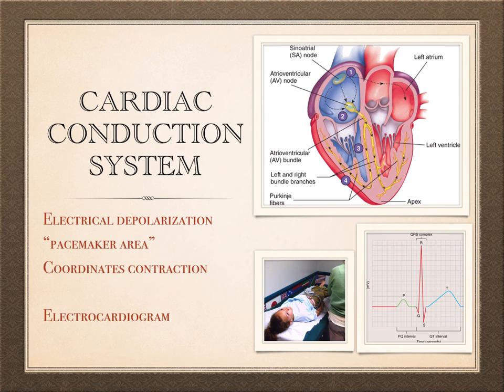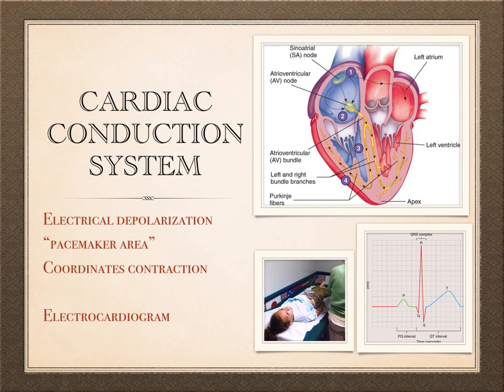And so the heart has this special conduction system of cardiac muscles that start the contraction and spread it throughout the heart. This is the cardiac conduction system, and it has a pacemaker area in the right atrium. This is called the SA or sinoatrial node, and this is what starts the depolarization, this region in the upper part of the right atrium.